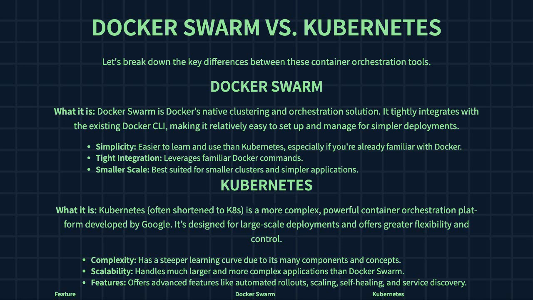Now, Kubernetes, or K8s as it's often called, is a much more powerful and complex system created by Google. It can handle huge deployments and has tons of cool capabilities like automatic scaling and self-healing. But be warned, it does have a steeper learning curve. Think of Docker Swarm as the simpler option for smaller needs, while Kubernetes is designed to tackle bigger challenges.